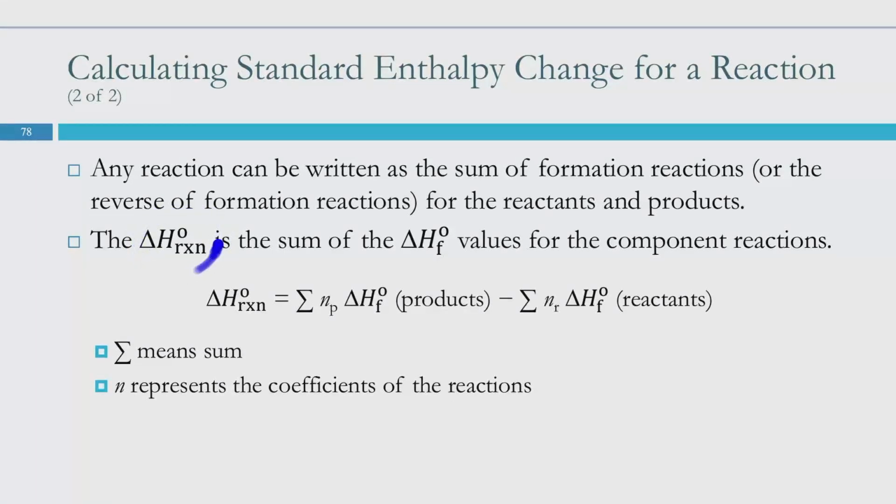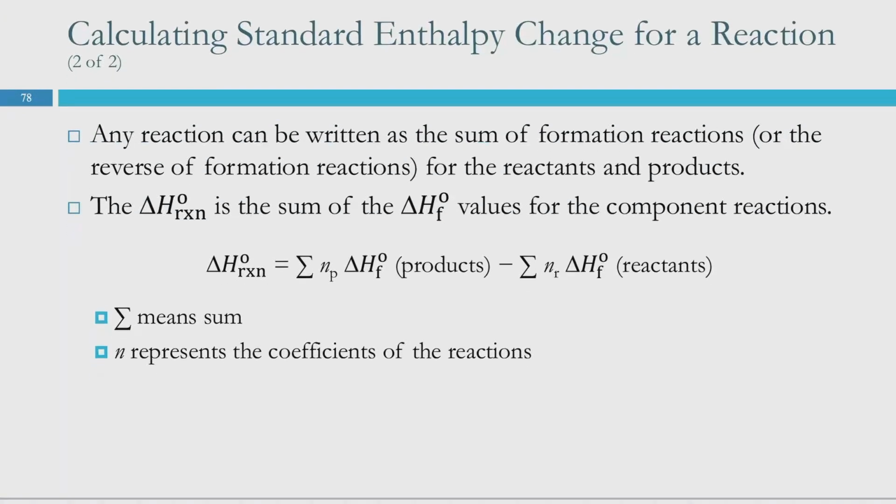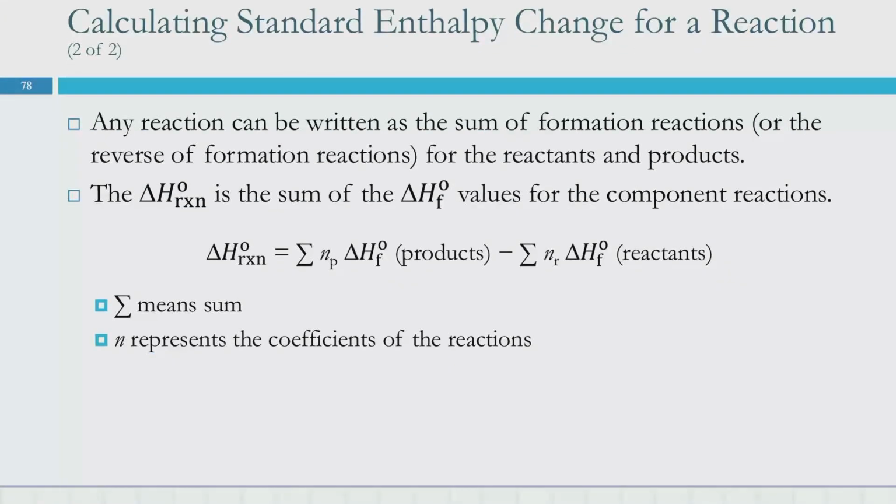The standard heat of the reaction is the sum of the standard heat of formation values for the products and the reactants. So we're using some sigma notation. The sigma is the weird looking E. It means sum. So we're adding up a bunch of things.